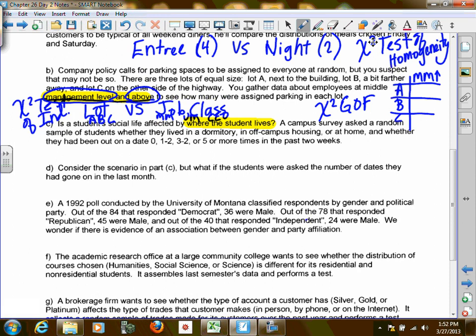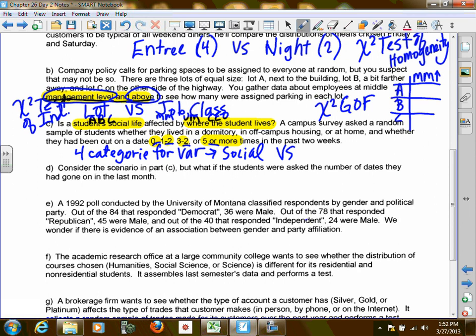Good. It's where the students live. So where the students live is one variable, and their social life. And their social life was categorized into 0 dates, 1 to 2 dates, 3 to 4 dates, or 5 or more. Okay, so how many categories for the variable social life? 1, 2, 3, 4 categories. 4 categories for the variable of social life.